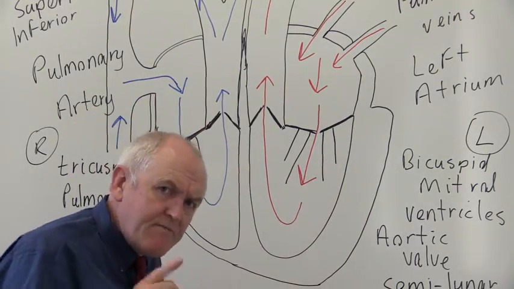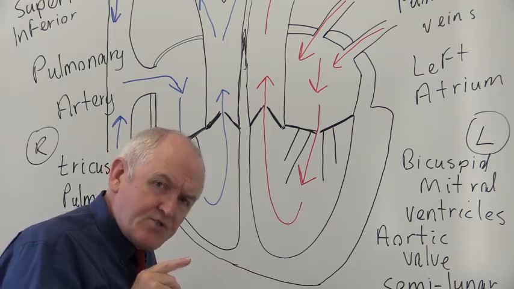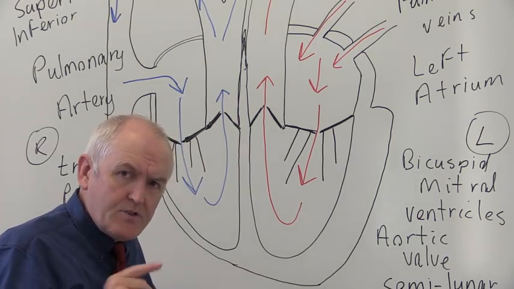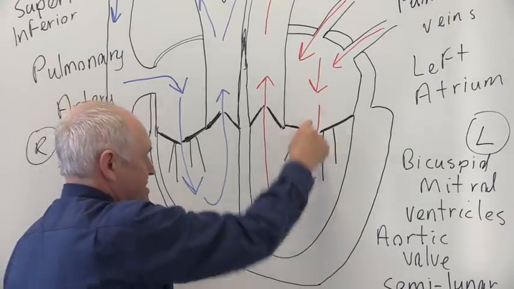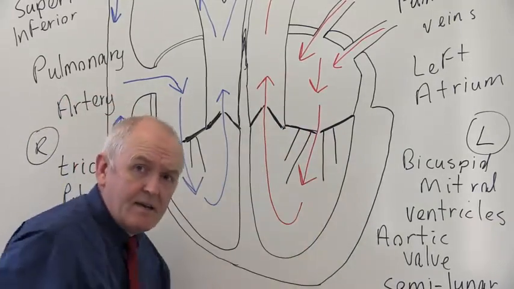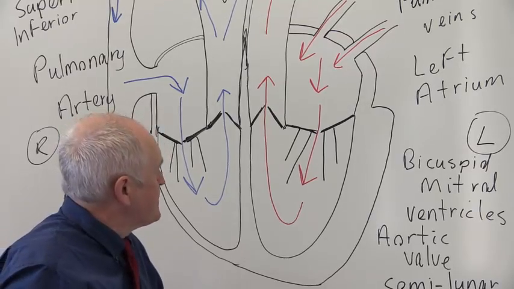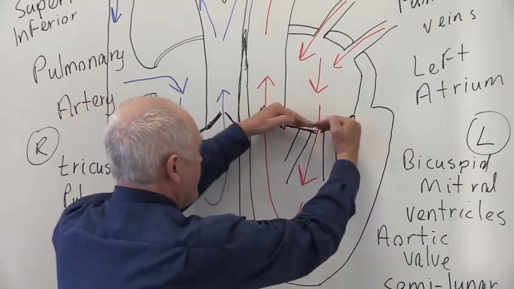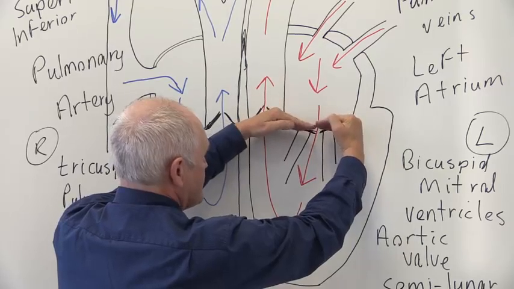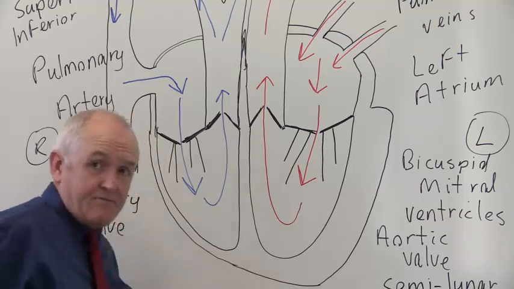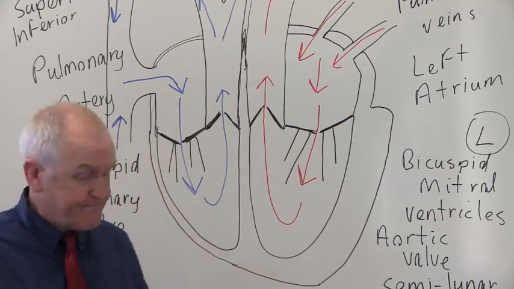Because the whole point of a valve is that it is a structure to ensure one-way flow. So we want this blood to go from the atria to the ventricle, but not back again. That would be regurgitation, which is a pathological situation. So we want the valve to open that way, but then not go too far back. To stop them going too far back, we have these tendinous cords.